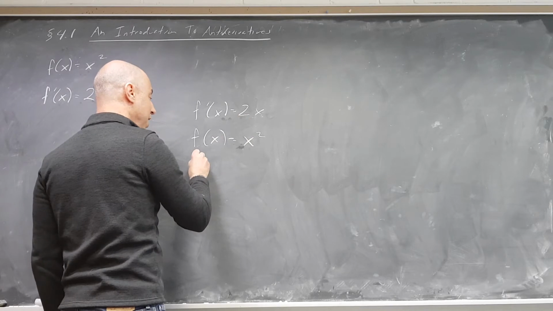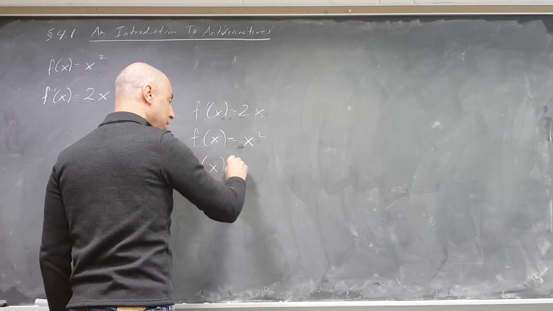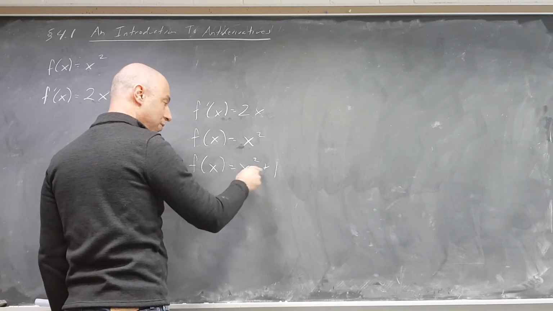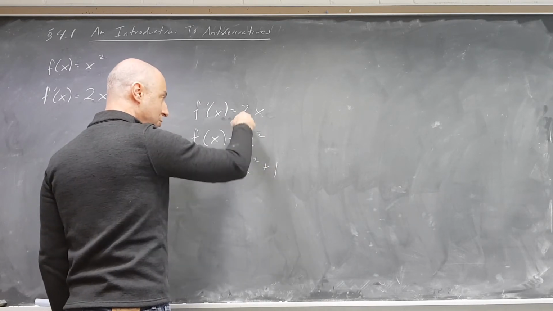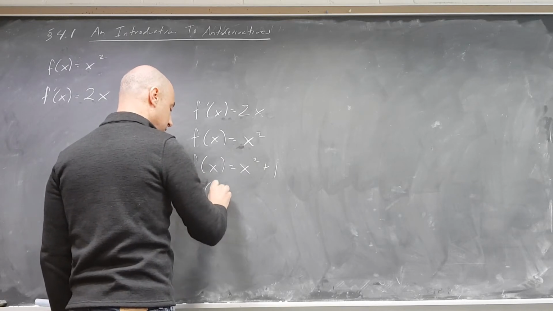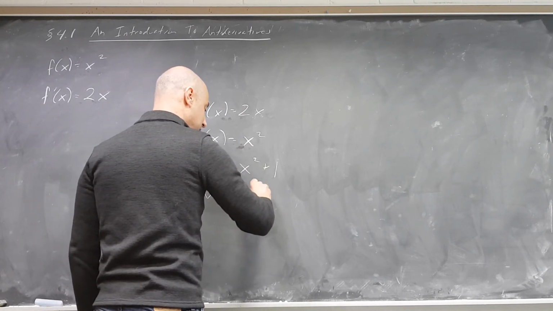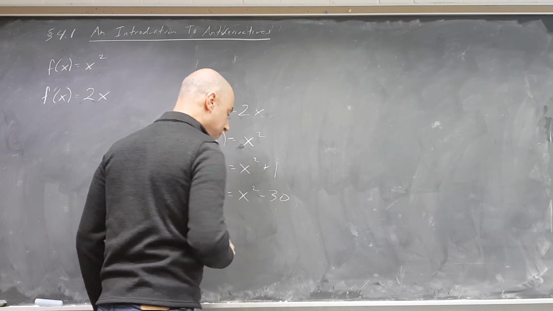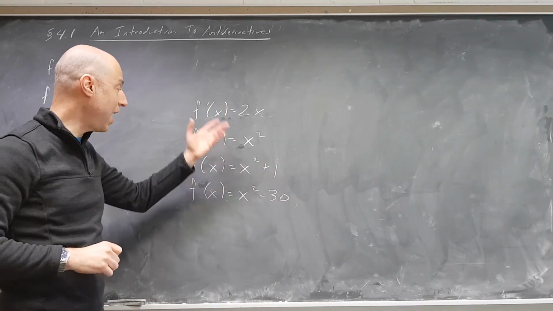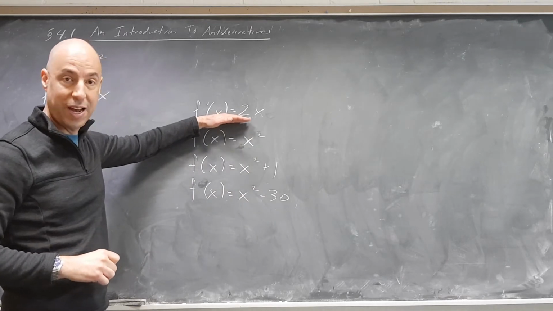I could also have taken the derivative of x squared plus 1. When you take the derivative of the 1, you just get 0. The derivative of x squared is 2x. I could also have taken the derivative of x squared minus 30. I could have added or subtracted any constant to x squared and I still would have gotten 2x.